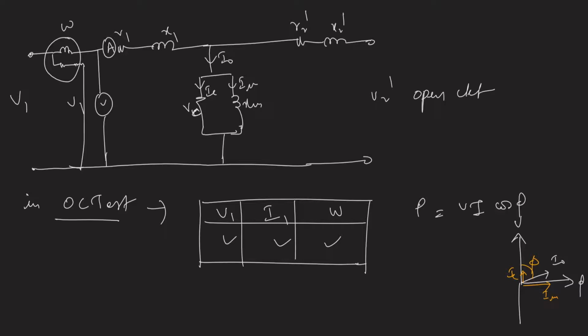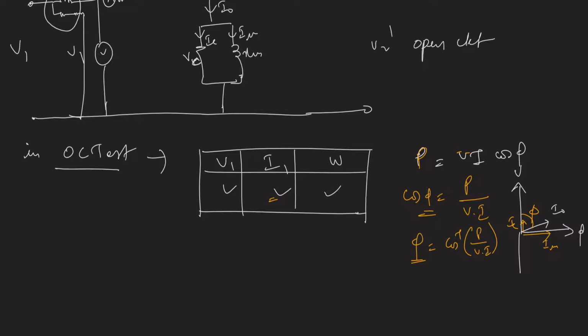So the power input is V magnitude times I magnitude times cos phi. So cos phi is equal to the power reading divided by voltage times current. Once we have cos phi, I can find the angle, cos inverse of P by VI, right? So I know the power factor angle and the no load current.